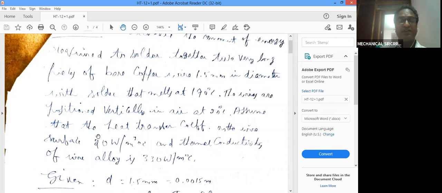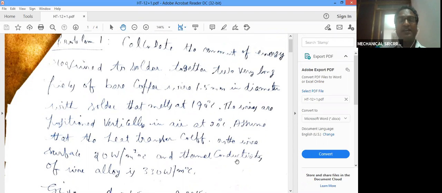Assume that the heat transfer coefficient on the wire surface, that is surrounding the wire surface, is 20 watts per meter square degrees centigrade, or 20 watts per meter square Kelvin. And the thermal conductivity of the wire is 330 watts per meter Kelvin.